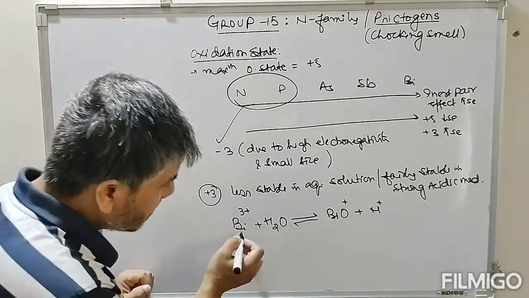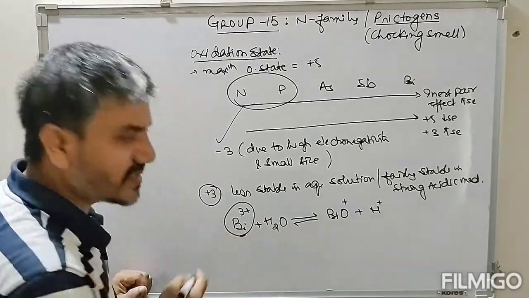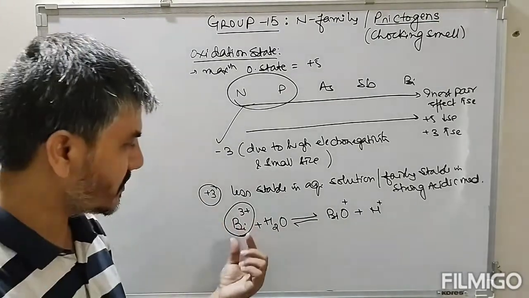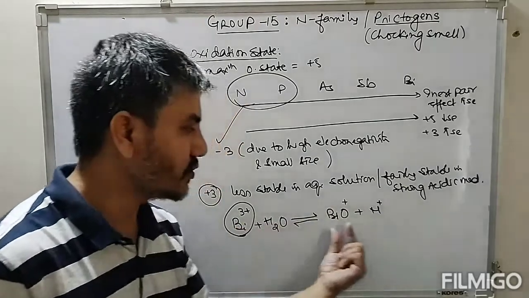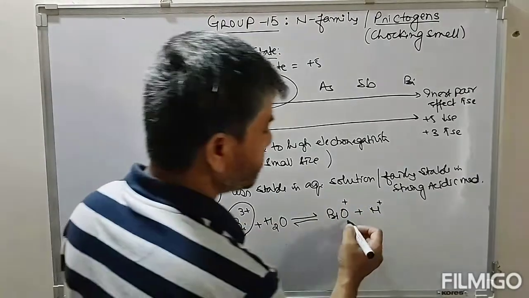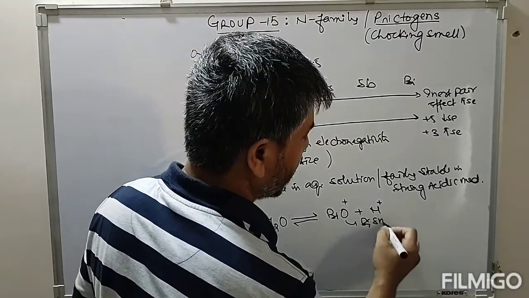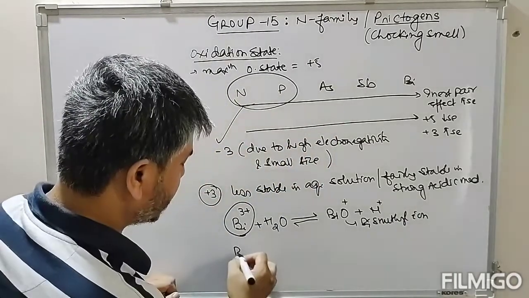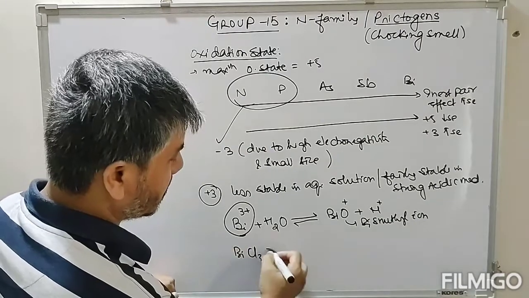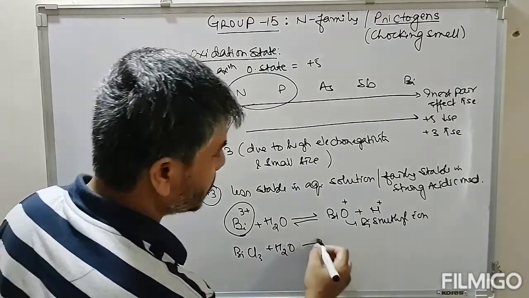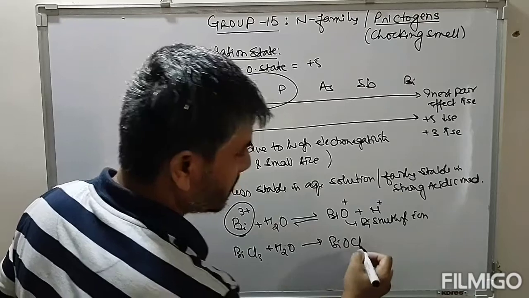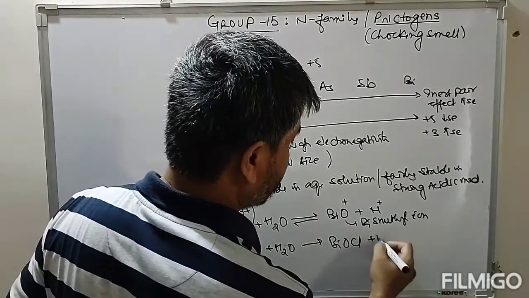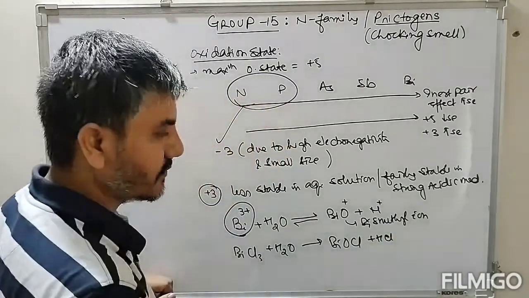So this is stable only in acidic medium, whereas in aqueous medium it is immediately hydrolyzed to give you bismuthyl ion. So if we have BiCl3, it immediately reacts to give you BiOCl, bismuthyl chloride, and HCl.